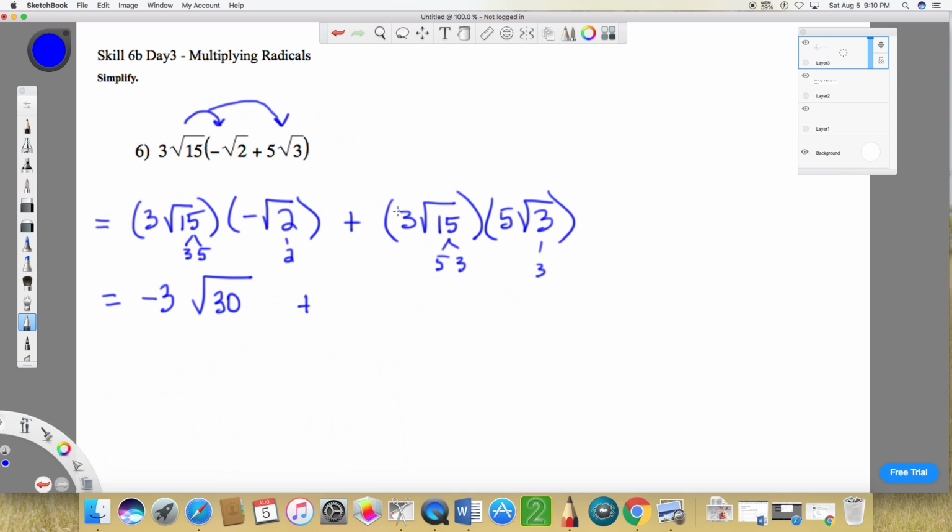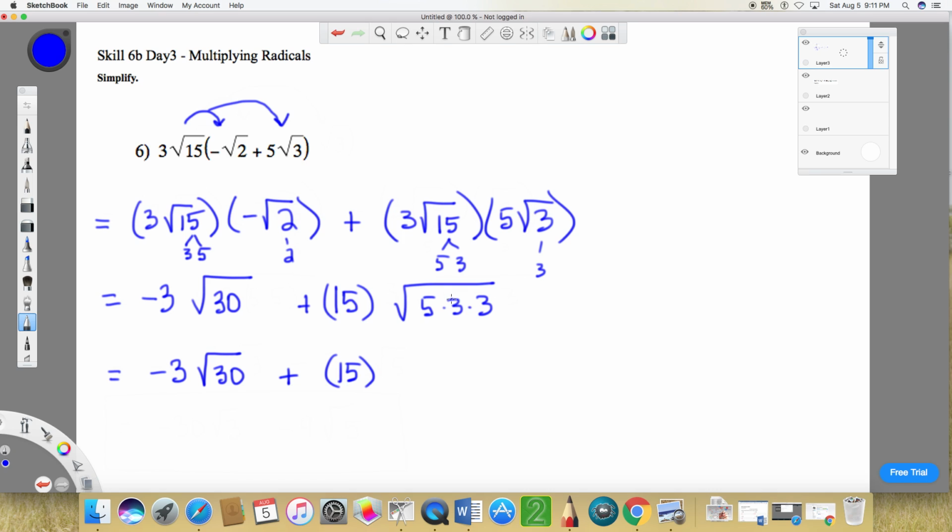So let's multiply the numbers that are in front of the radical first. 3 times 5, that's 15. Now, when I look to writing the square root and putting this underneath one radical, let's go ahead and do it so I don't skip too many steps. We've got 5 times 3 times 3. That's what 15 times 3 is. I went ahead and broke 15 down now so that I can easily see that I have a pair. So I've got negative 3 radical 30, and I've got 15 here.